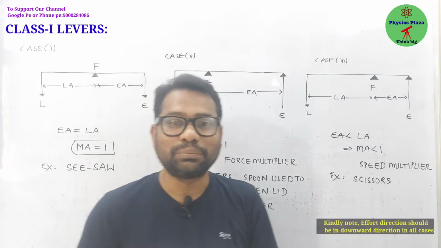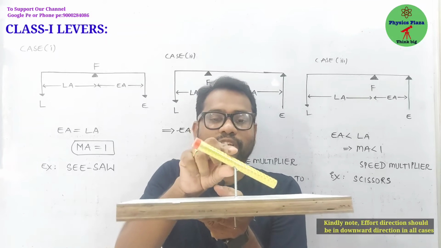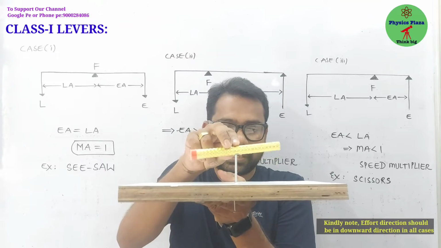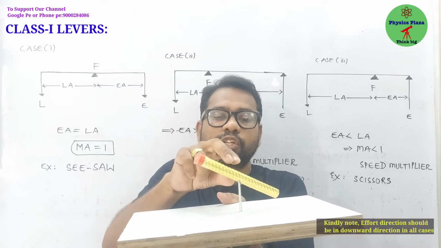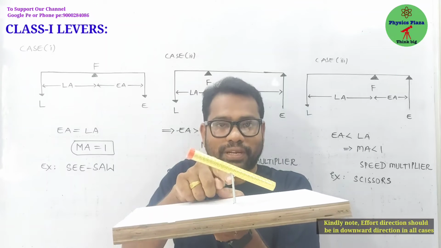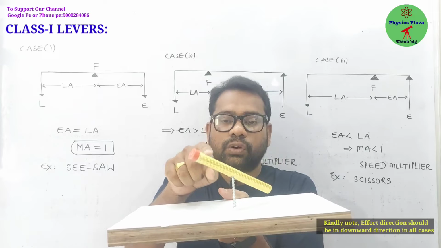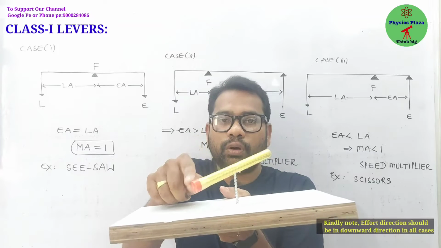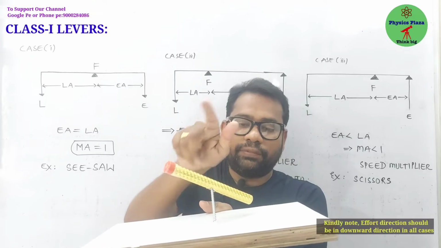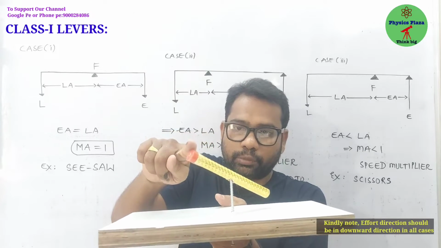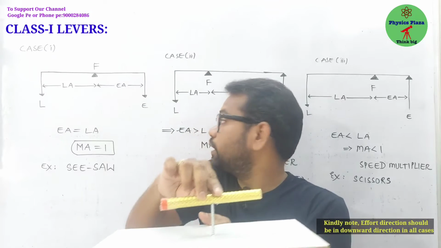I'll try to show you the model, it may not be exact. Look here, children. Assume it is a kind of lever, like a straight bar. It is pivoted in the middle. If you put a load on this side, then you need to apply effort here. If the load is here, then you put the effort on this side. This is actually a class 1 lever.